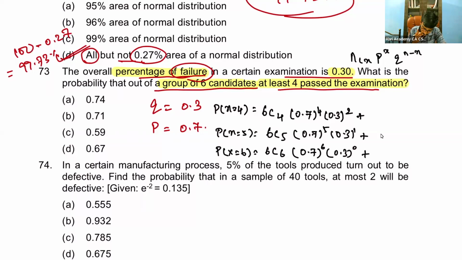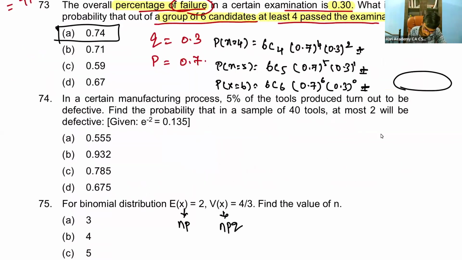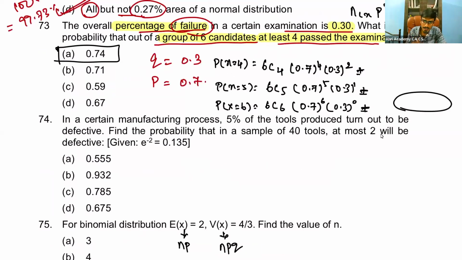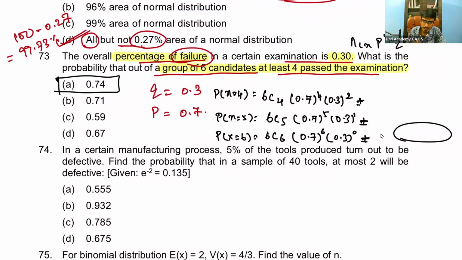If you solve all the values, add all the values and solve, finally you will get one value. That is 0.74. Just pause the video and solve the 73rd sum, then move on to 74th sum.